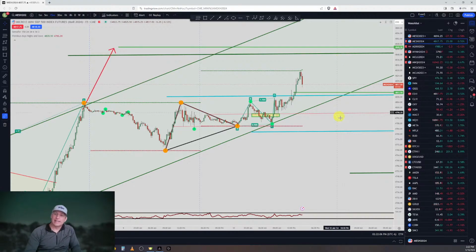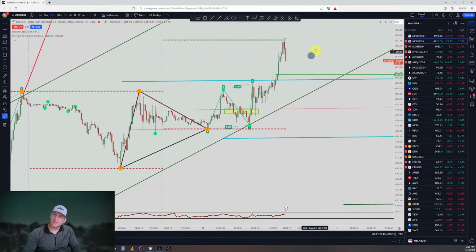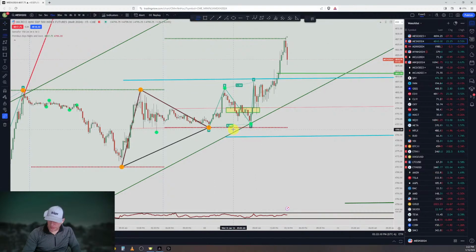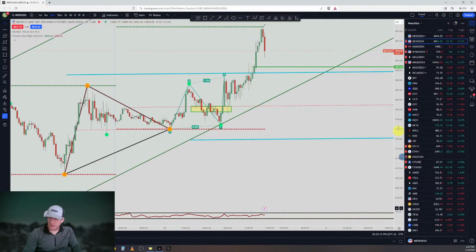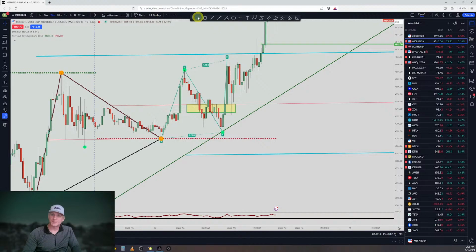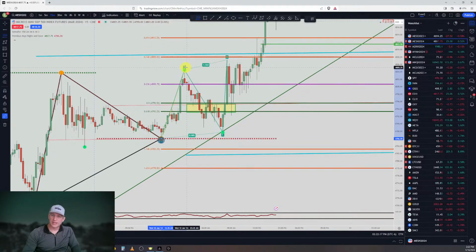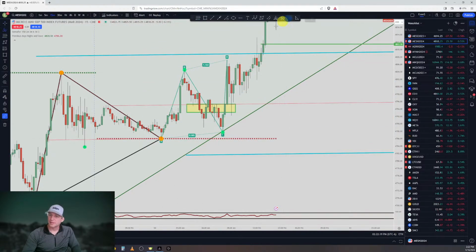The only way I'd get into either of these is if, so like take this ABCD trade right here. Oh, you know what? I think this one's done actually.